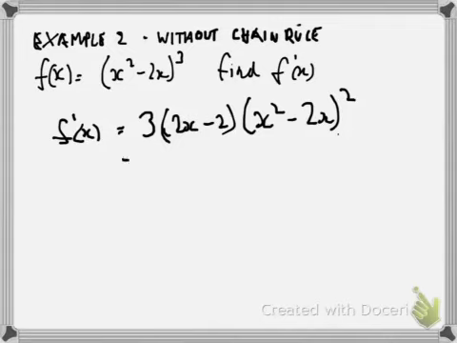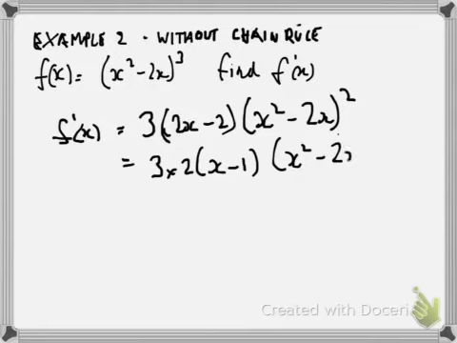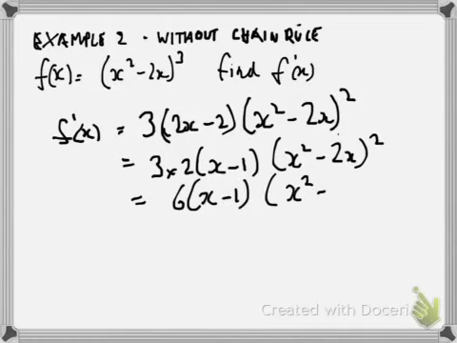Now we still have to do what I did before, and that is factorise that bracket. So we're going to get 3 times 2 outside of x minus 1, x squared minus 2x all squared, equals 6 outside of x minus 1 outside of x squared minus 2x all squared.